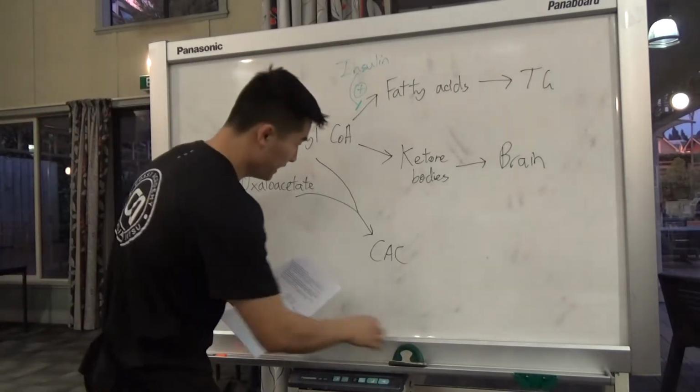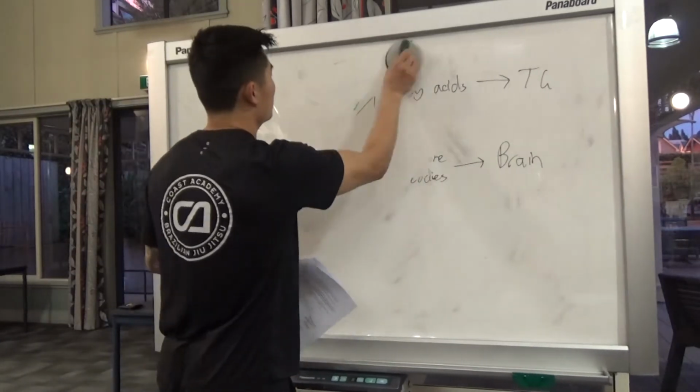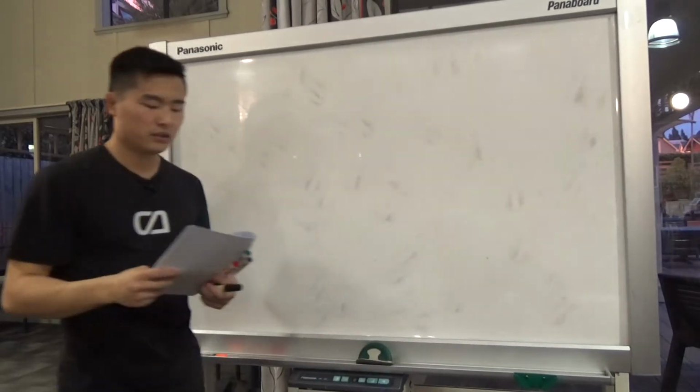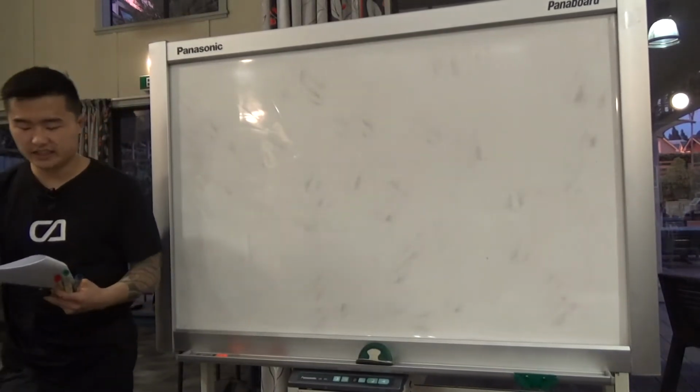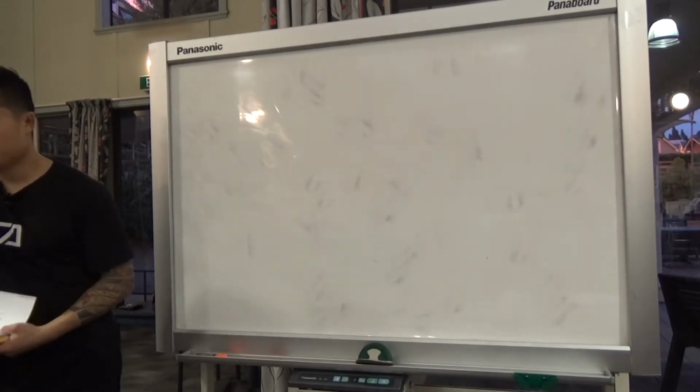So the production of ketone bodies. During starvation, blood glucose levels will be lower than normal.